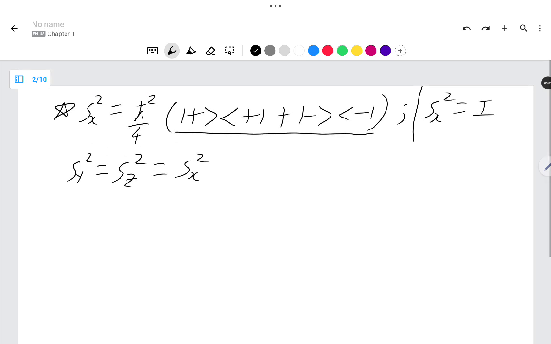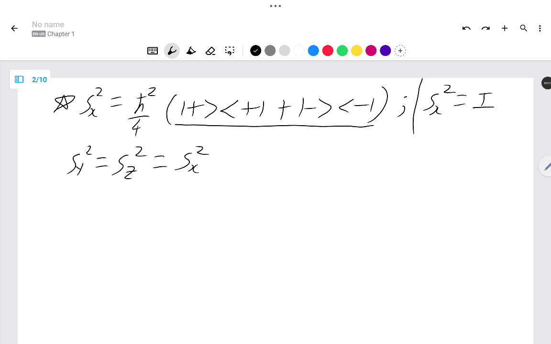Okay, so the first thing that we need to find is the expectation value of Sx.